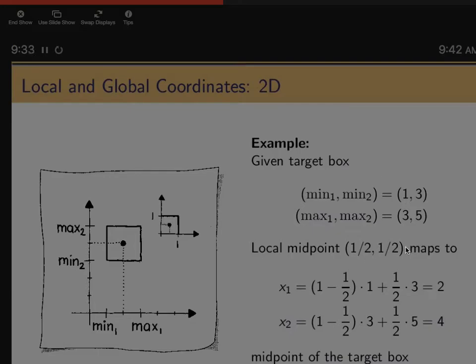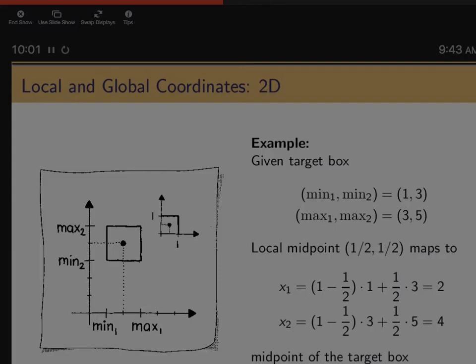I can stick (1/2, 1/2) into the equations, and I'll find that it goes to (2, 4). Since I know the box is going from (1, 3) to (3, 5), I can also figure out that the midpoint is (2, 4), which is the average of min and max. So I can check it another way. You don't always have to use these transformations to figure out the answer if I have enough of a verbal description. Okay, but that was pretty simple.